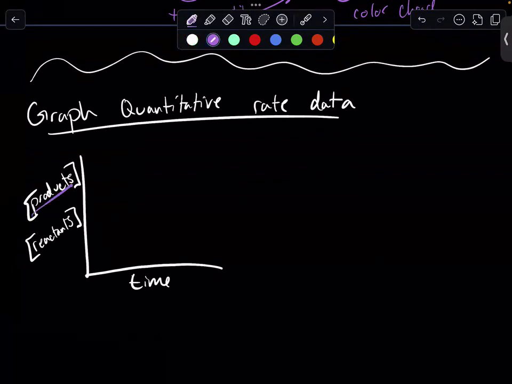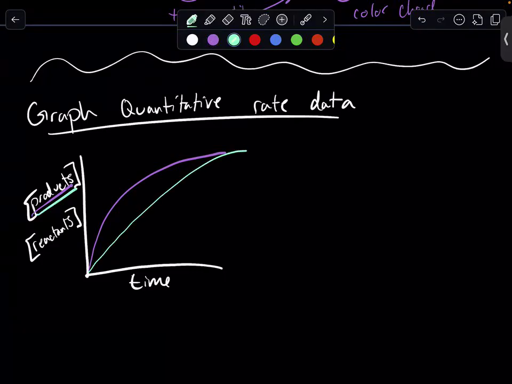For products, I'll do that in purple. You might have a graph that looks like this. Maybe you have a graph, I'm going to do two for products that looks like this. Here we have our slow reaction, and here we have our fast reaction. Reactants, you'll notice a slightly different graph. It generally starts from the top because we start with reactants and we end with products.